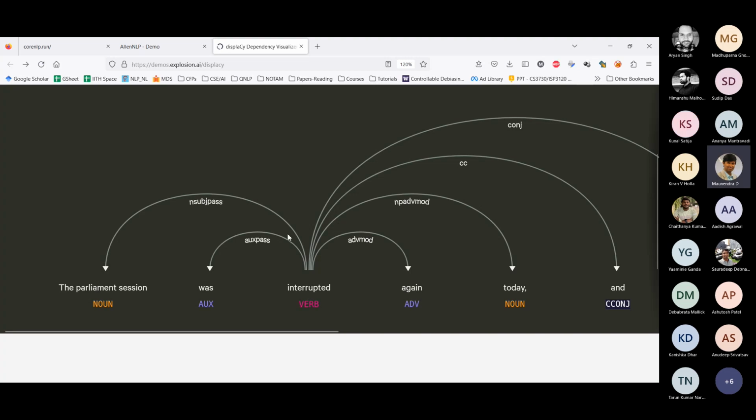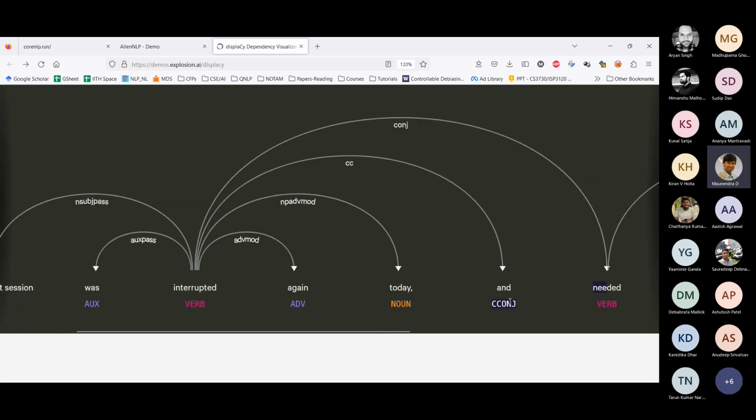So here also, from these verbs, so many different arcs are emanating. Interrupted to was, and from here to parliament session again. Some temporal information is coming here. Today, again, becomes an adverb because we are talking about time.